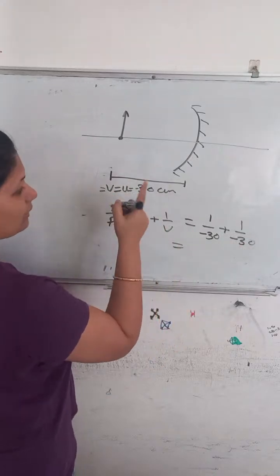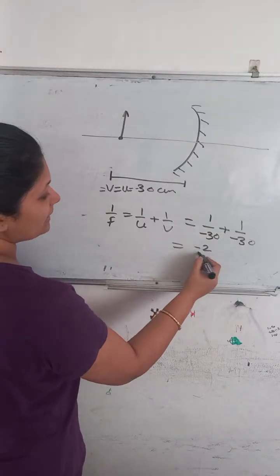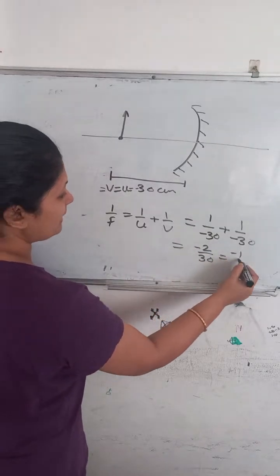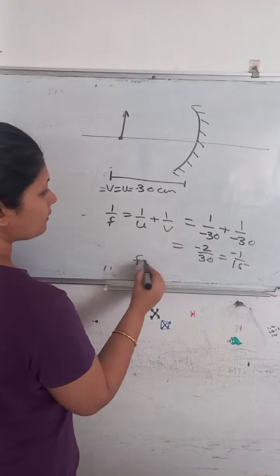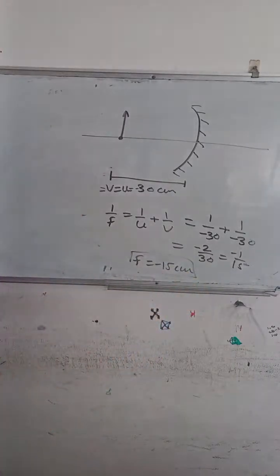So both are on the same side and at the same point they both are formed. So we can write here minus 2 by 30, that is minus 1 by 15. So focal length is nothing but what? Minus 15 centimeter. So check which option is correct here. C. C is the correct option over here.